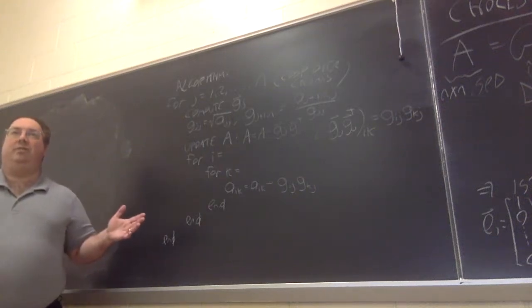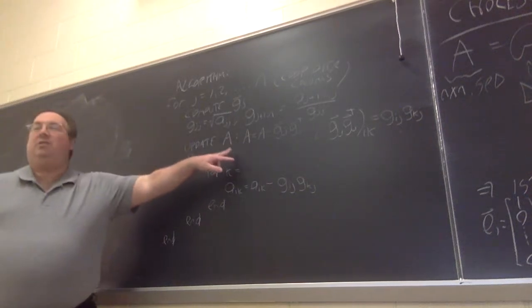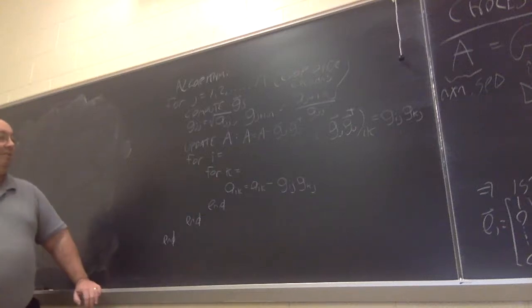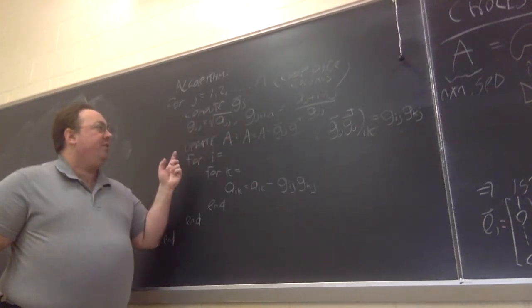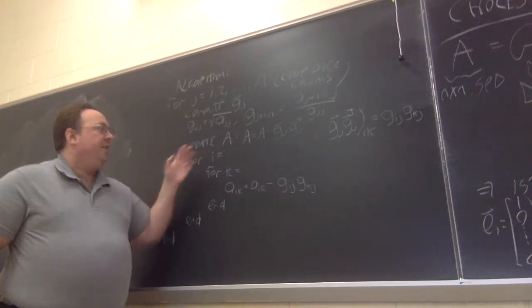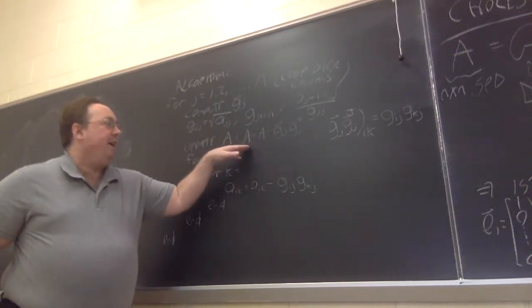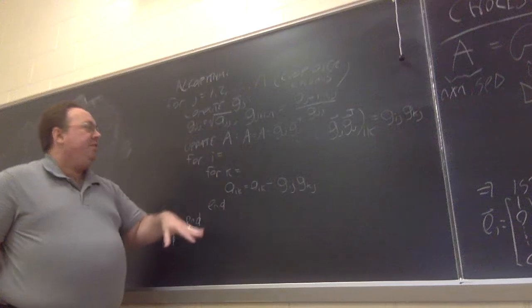That's the whole algorithm, except I have to fill in what goes here. So we figure out each column of a Cholesky factor, the jth column, subtract off the corresponding outer product from A to set up the next iteration.